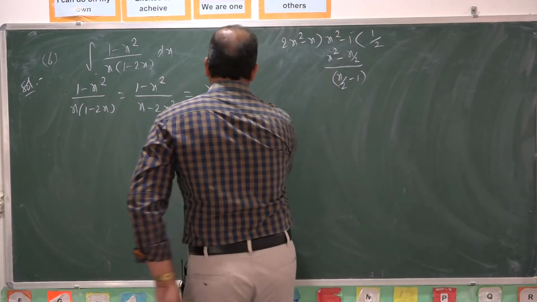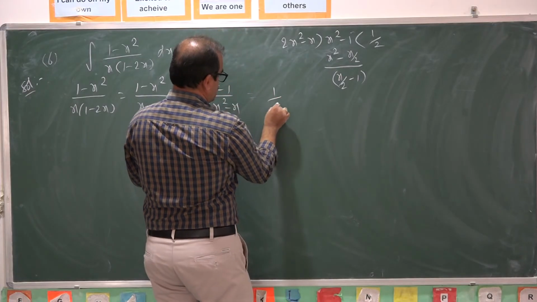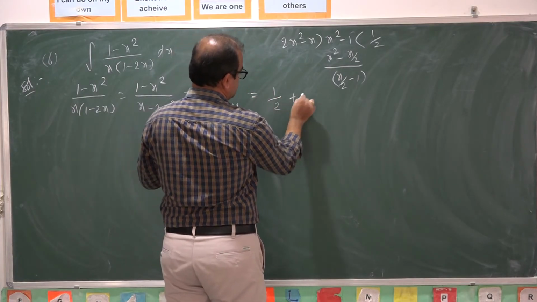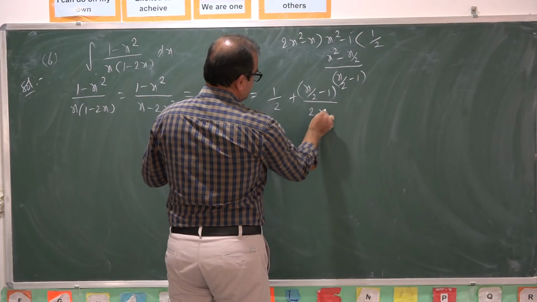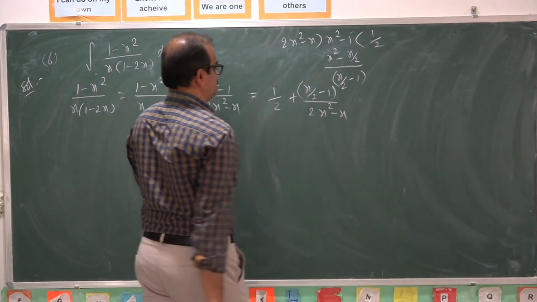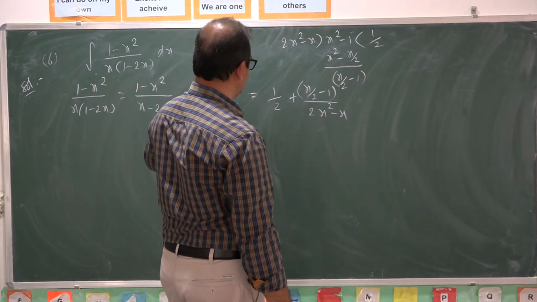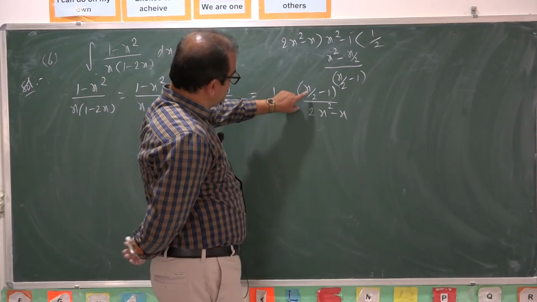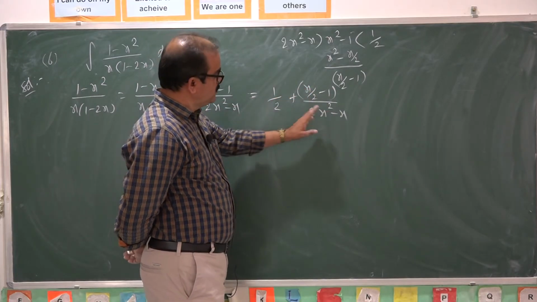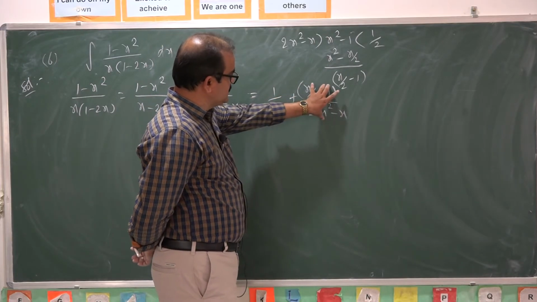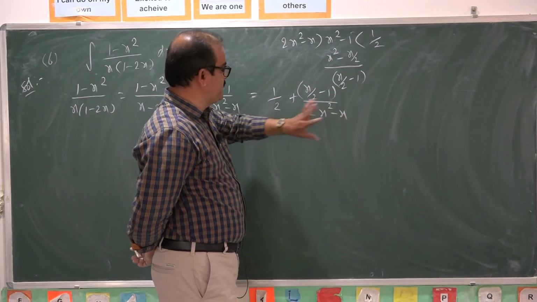So this division is equal to 1 by 2 plus x by 2 minus 1 by 2x square minus x. Okay, now observe, degree of numerator is 1, degree of denominator is 2. Now resolve this into sum of the partial fractions.